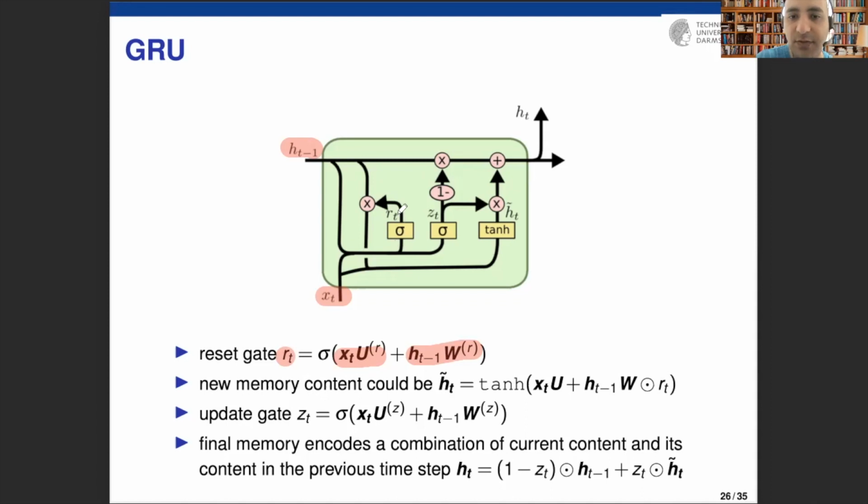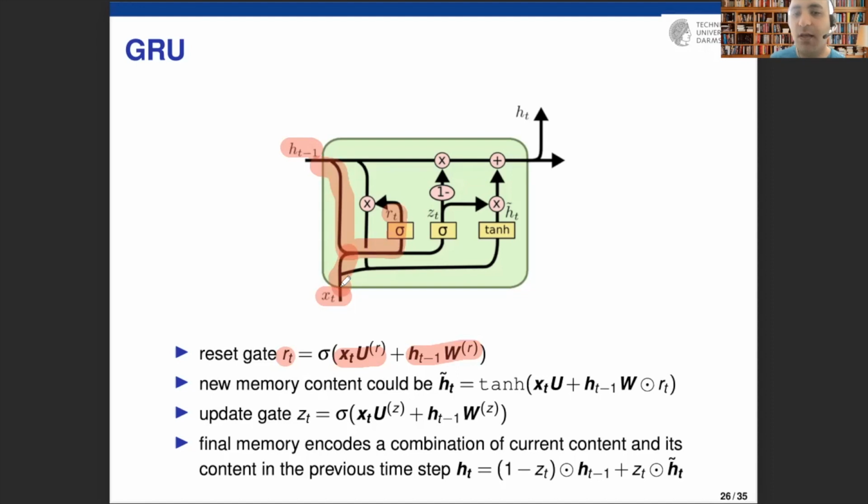So the value of the reset gate, R_t, comes from this part, right? You take the linear transformation of the input token and the linear transformation of the previous hidden state, and you combine them.